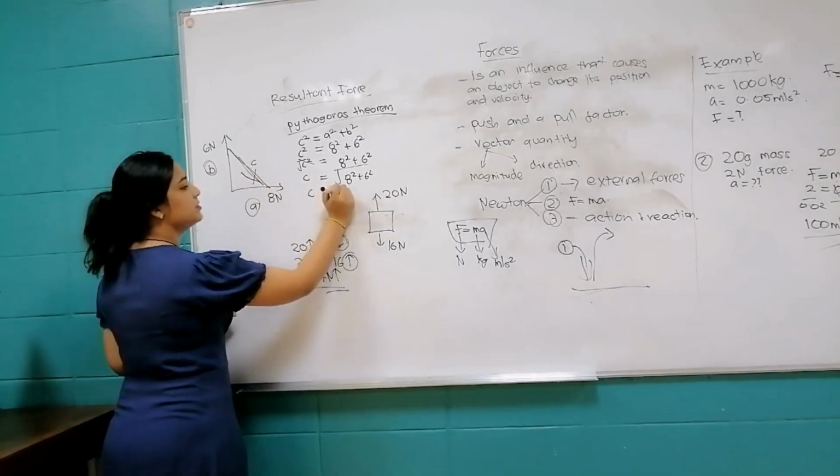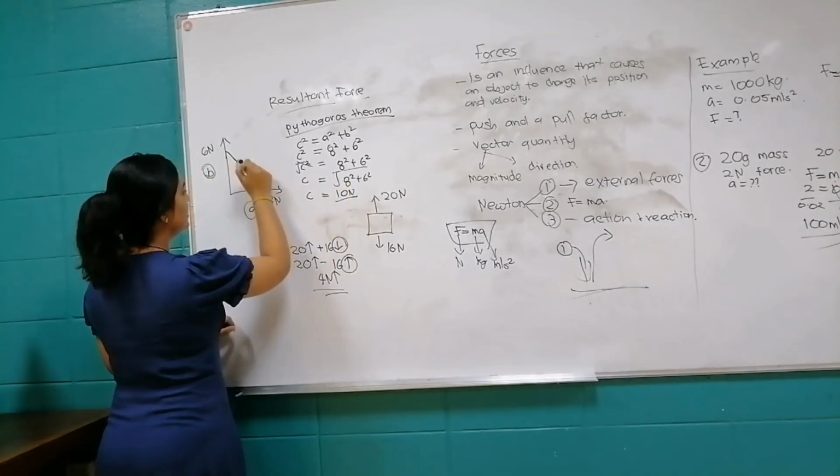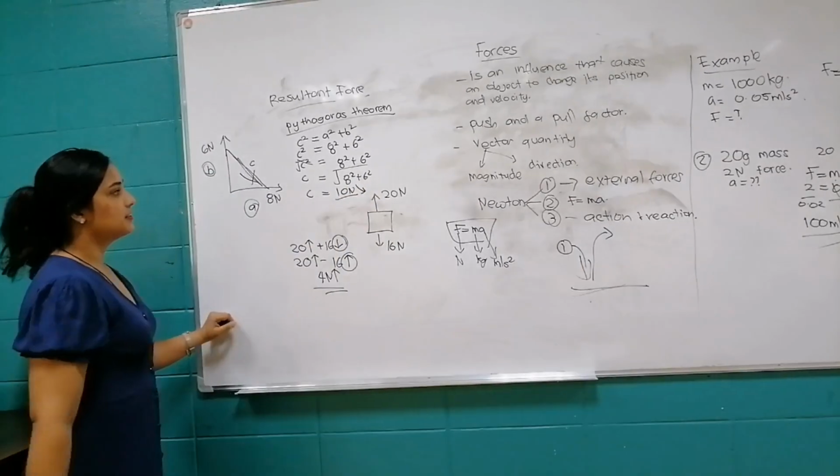Now your C is equal to 10 newtons and the direction is this side.